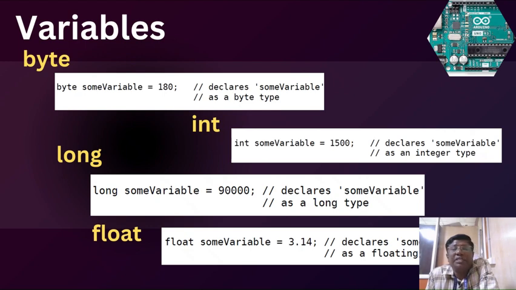Okay, when the variable's memory size is small and computation time is less, then we'll go with the integer. When you go for a long, the memory required to store it will be higher. So only when it is required, you have to use it. So the float will have a decimal value. Okay, decimal point, floating point, 3.14. When you are using a decimal point, we have to use the float variable.